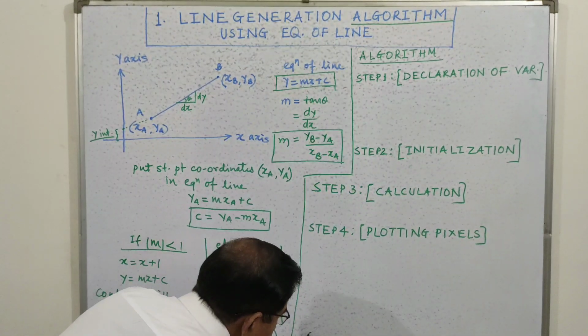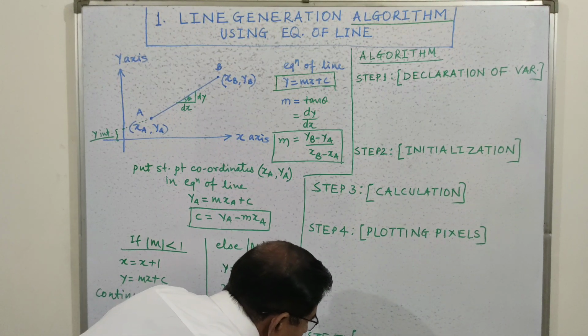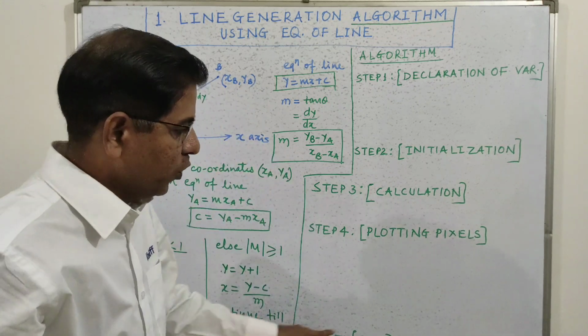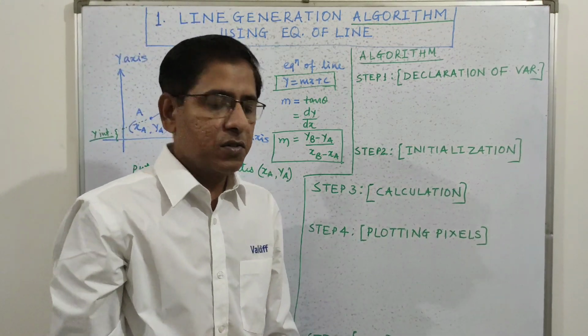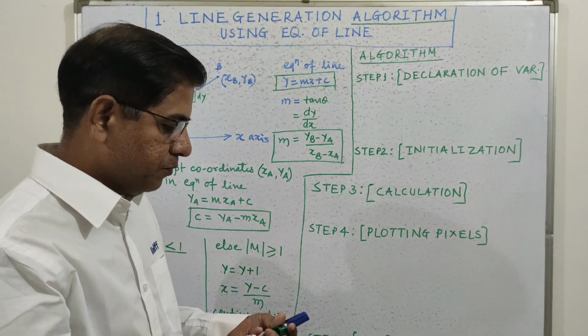And last step, step number 5 is stop. So here the algorithm ends. So stop is the last step.